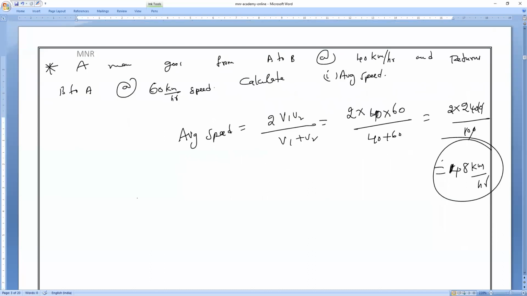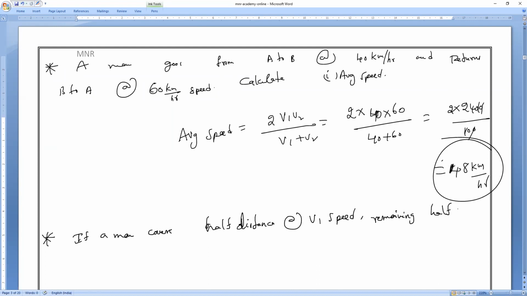If a man covers half distance at V1 speed and the remaining half at V2 speed, find average speed.